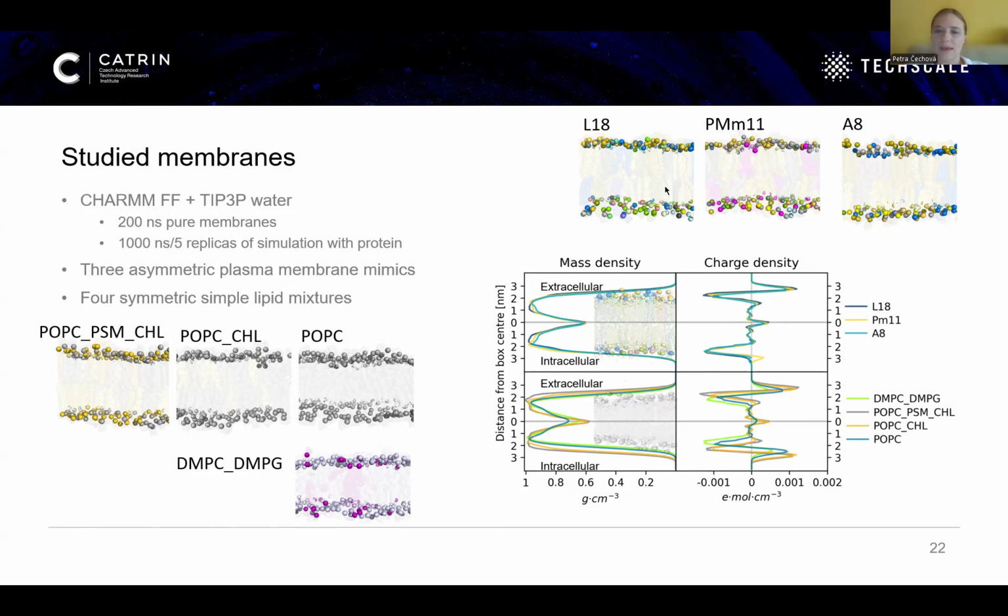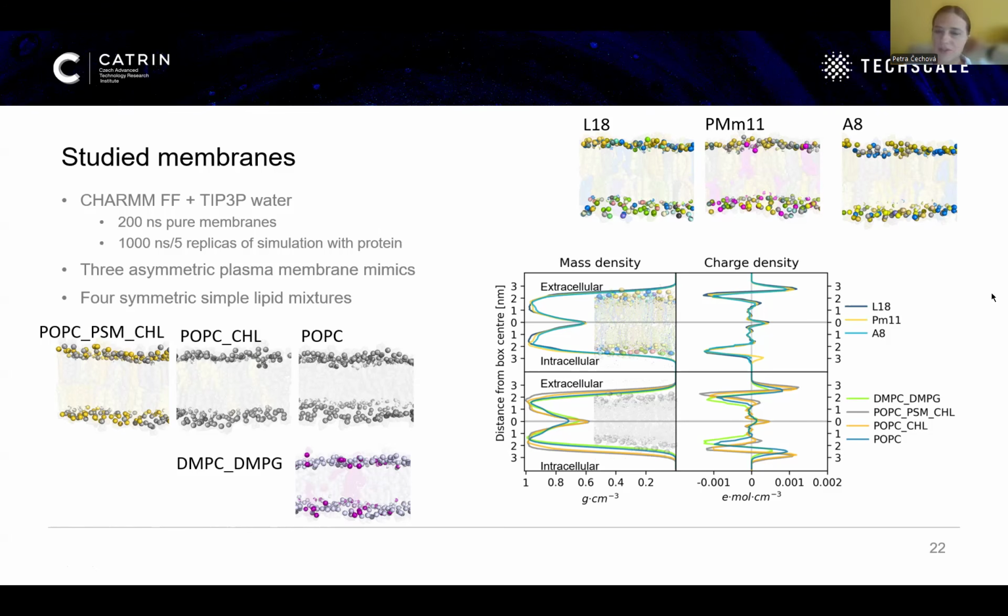So when we look at the basic results and the basic properties of the membranes, we can see that the asymmetric membranes are pretty similar in their mass density. But what we can see very clearly is the asymmetry in charge. The inner leaflet, with the PS lipids and the PI lipids that have a negative charge, makes the inner leaflet very negative in the charge distribution, missing the positive peak.